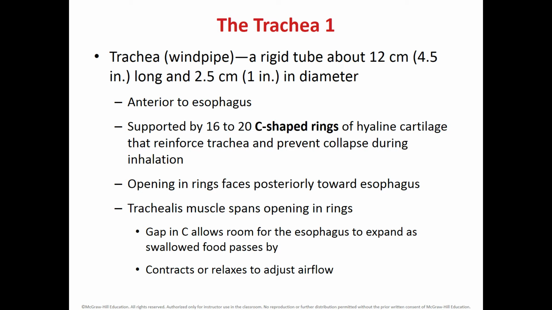And then the trachea can increase or decrease its diameter to adjust the airflow. So when you increase the diameter of the trachea, it will relax its walls so you can have more influx of air.